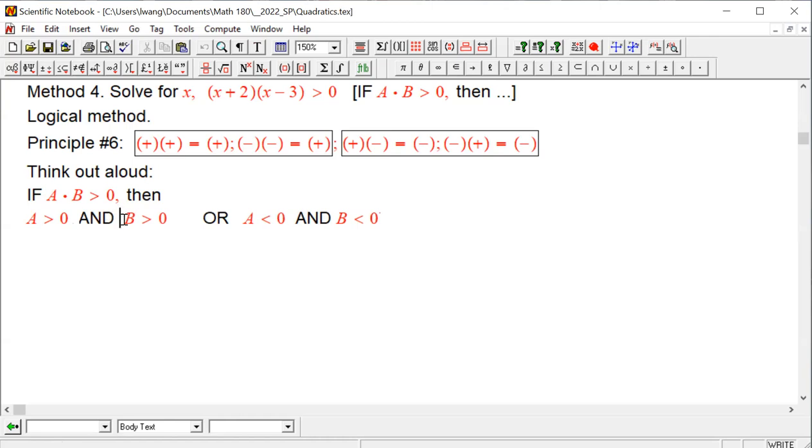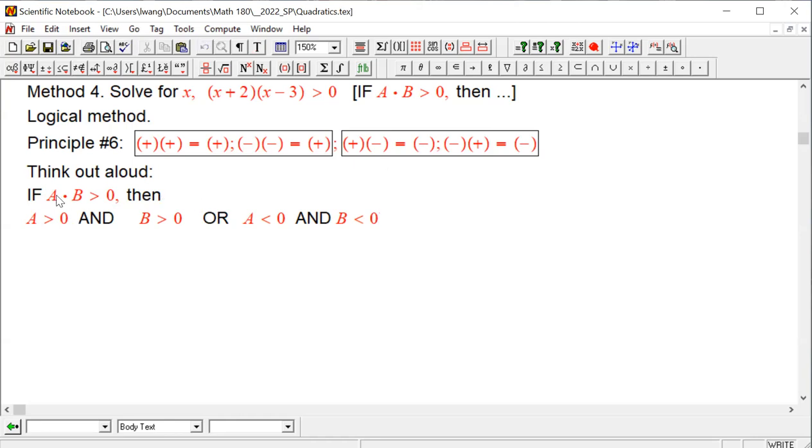You must put it correctly. This "and" is addressing this case, and this "and" is addressing the second case. And it could be this case or that case, so "or." All of these words, "and" and "or," must be correctly placed. If you don't get these correct, you're going to be in trouble and make mistakes. So this is the basic structure.